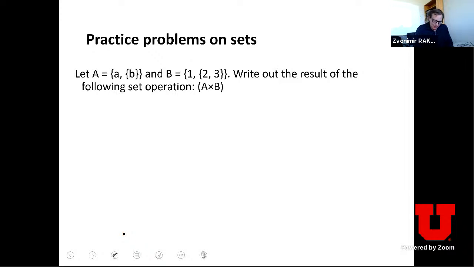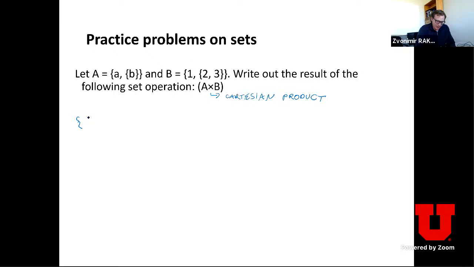So this operation is also called Cartesian product. It generates a set of all possible pairs between sets A and B. And so it's going to be a set.